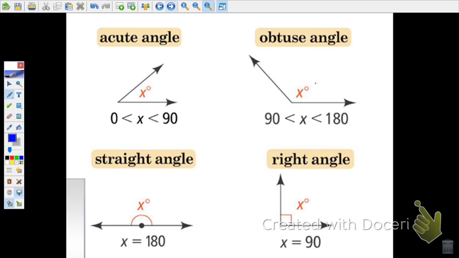Straight angle is something you just have to get used to that terminology, because when we look at the picture, we think of a line. In this straight line, we also see 2 rays, which we've talked about before. They are opposite rays.